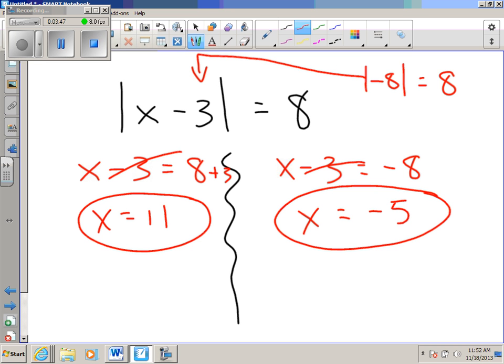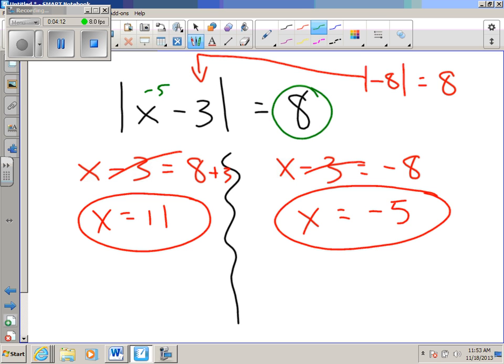Plug them both in. 11 minus 3 is what? 8. Is the absolute value of 8 8? And plug in the negative 5. Negative 5 minus 3 is negative 8. Absolute value of negative 8 equals 8. There we go.